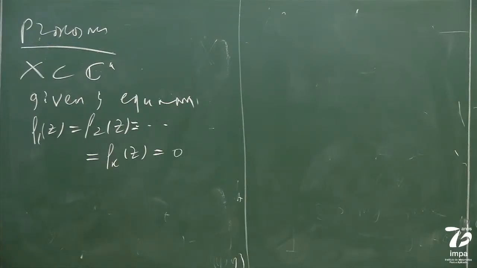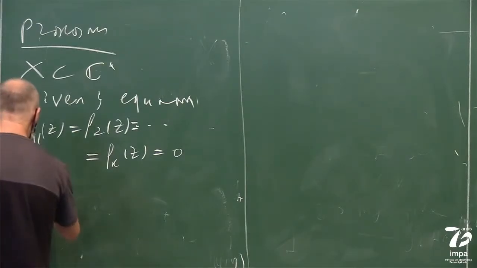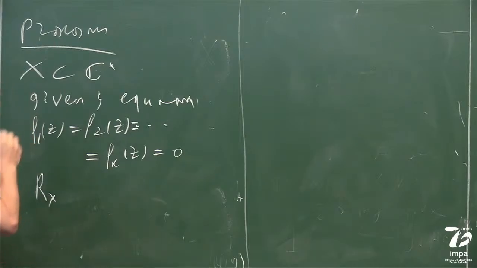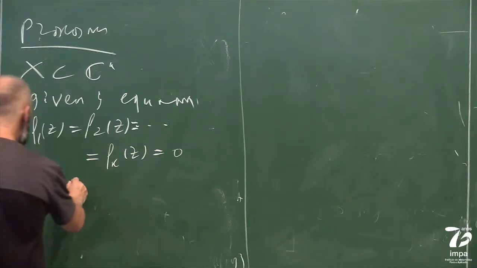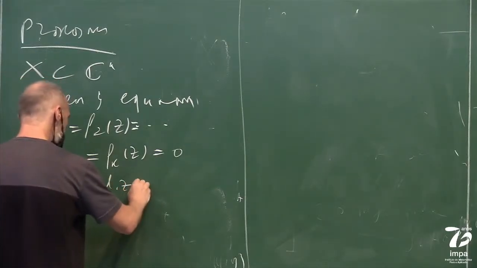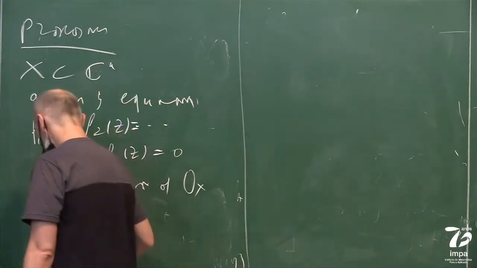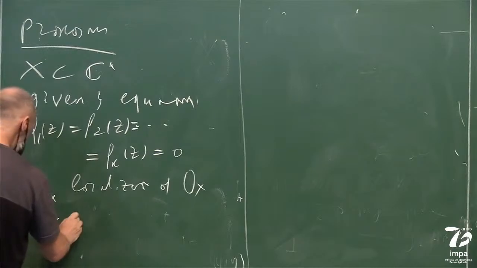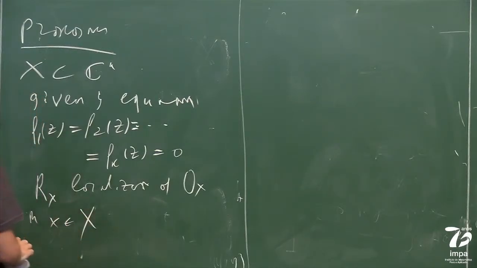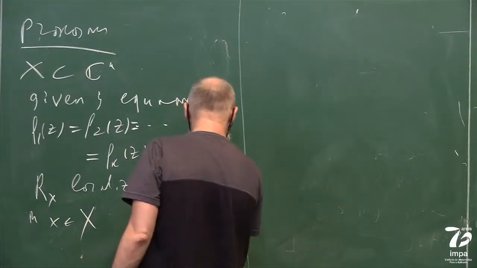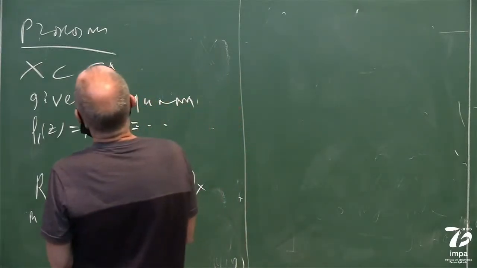And you have the maximal ideal associated with the point, Rx, a localization of OX, the ring of regular functions on this variety, at a point x inside X. So we're interested in its Zariski tangent space.